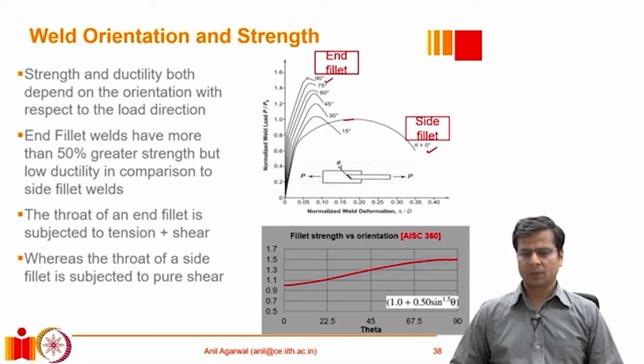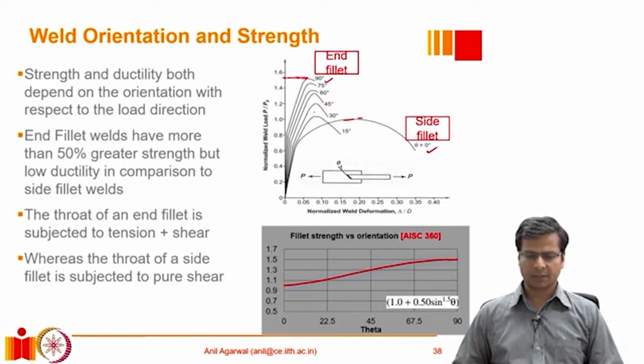At that time, the strength of that fillet weld is much higher than the earlier case. That is approximately 50% or higher than the original strength in comparison to side fillet. Also, the weld is much more ductile in a side fillet configuration in comparison to the end fillet configuration.